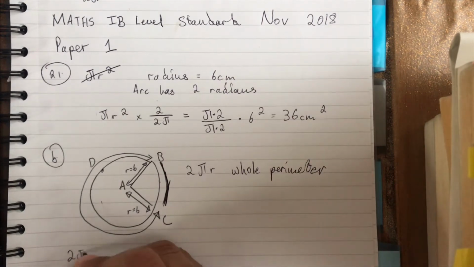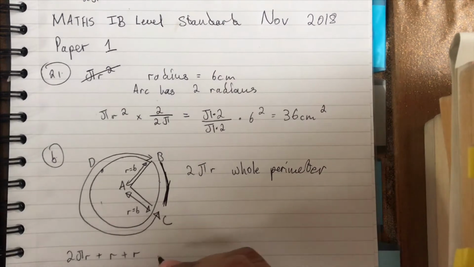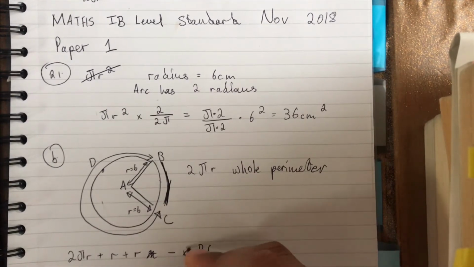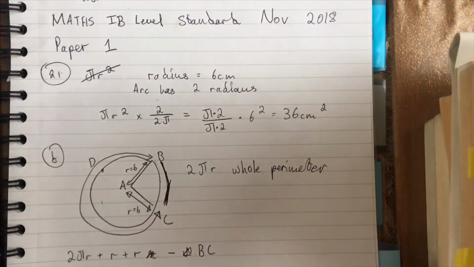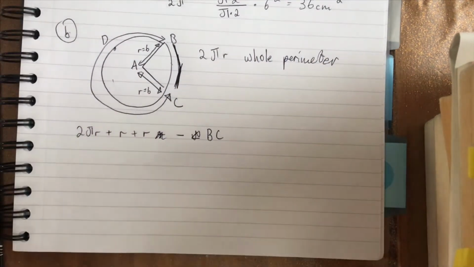So I'm just going to put a little formula down here so that we know what we're working with. We get 2 pi r plus r plus r. We're going to take away the BC arc. Now, the way we work out the BC arc is also using 2 pi r. However, we only want some of the circle.